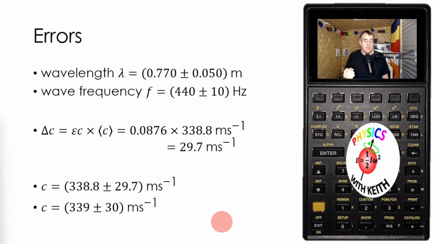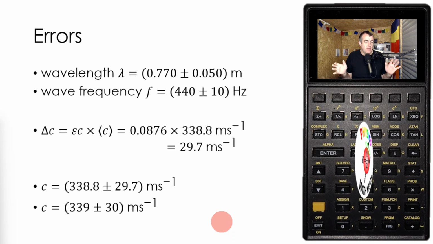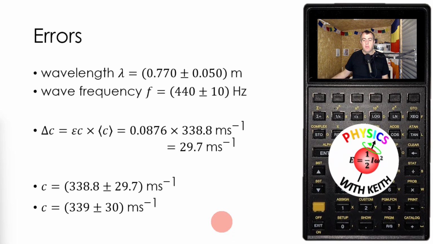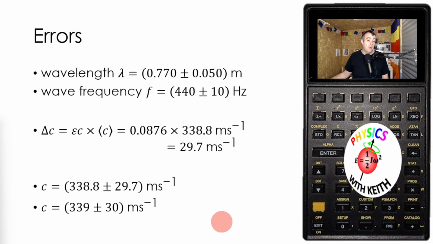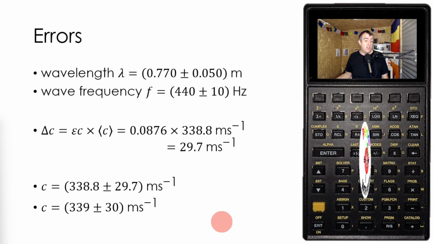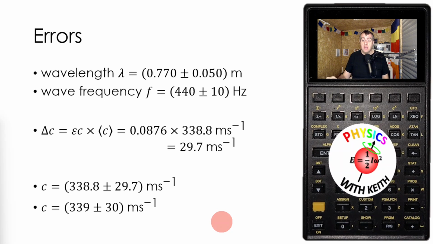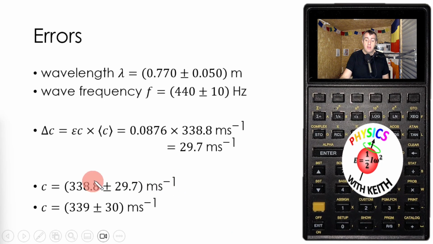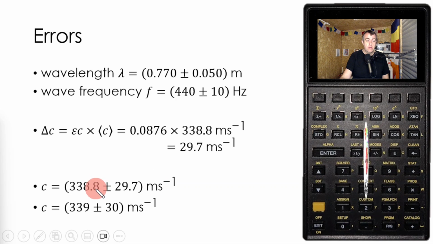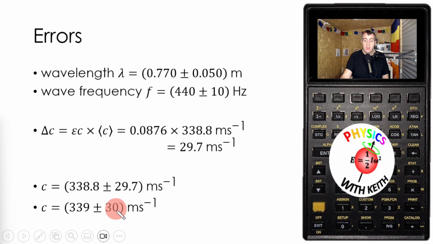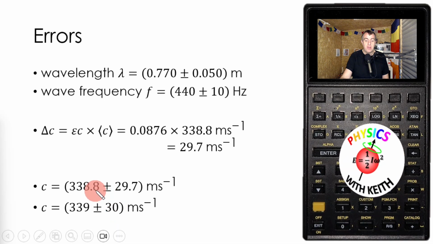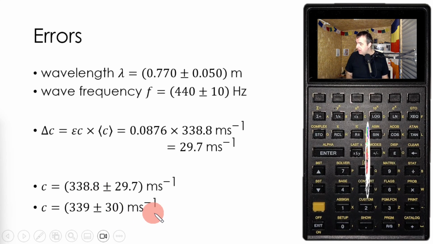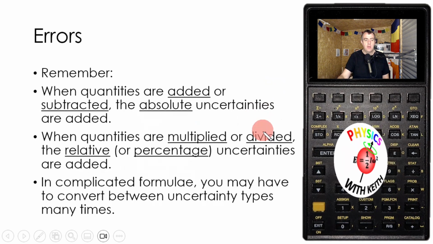If you're writing it in standard form, that's easy to visualize. You want the same number of decimal places. It's a convention, really. There's no point having more detail here when this uncertainty is 30. What's the point of the 0.8 at the end? It's unnecessarily detailed.